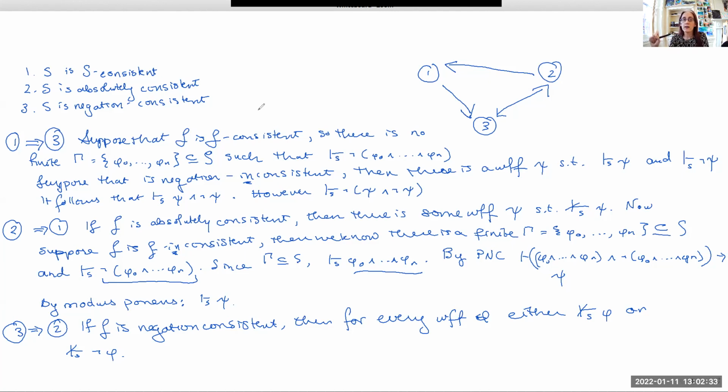However, then assume you've got a system that is atomically inconsistent, i.e. you can prove every single atom. Actually, all you need is that you can prove one, and this result will go through.